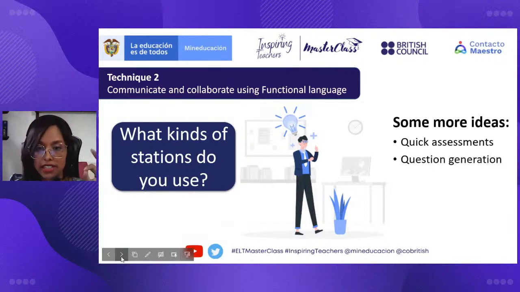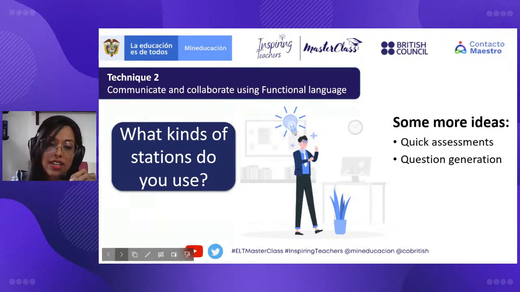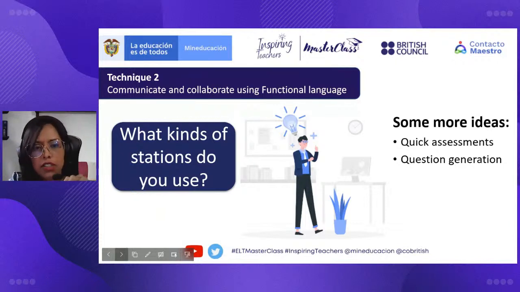Now, the next idea is question generation. If our students were working at home in that first technique, they may have lots of questions. They may not remember how to use something, or they may not be sure of what an expression means. So we can do an activity of question generation where they can actually ask you questions, right?